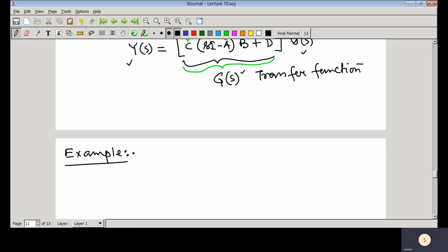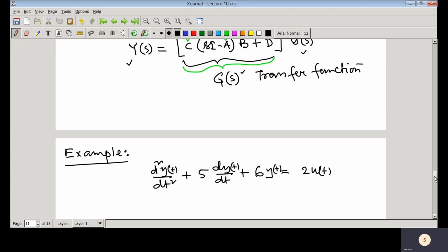So suppose you have a dynamical system which is described by this differential equation: 5 dy by dt plus 6y equal to 2u(t). These are all functions of t.